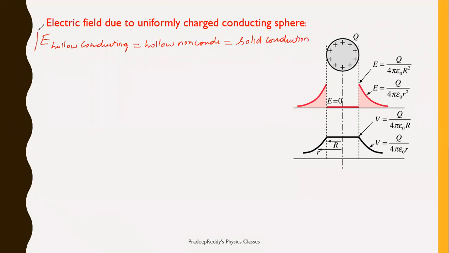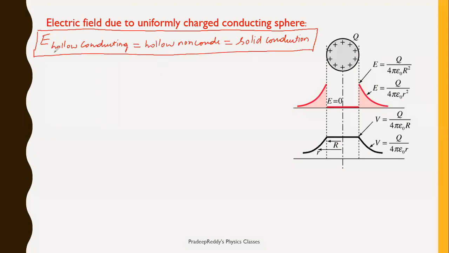In all these cases, electric field is the same. Whatever we are doing for one is applicable for all three. In all these cases, field value will remain the same.